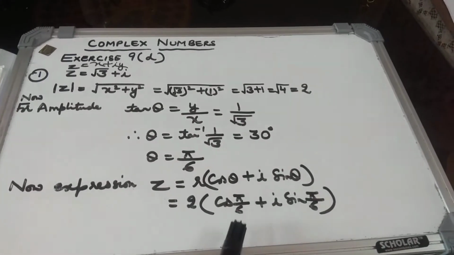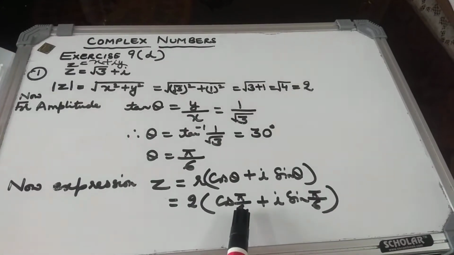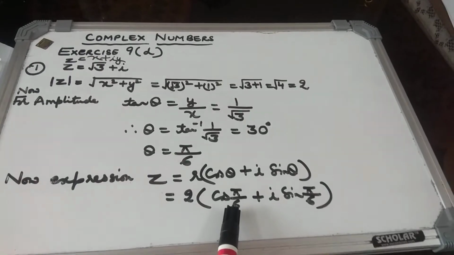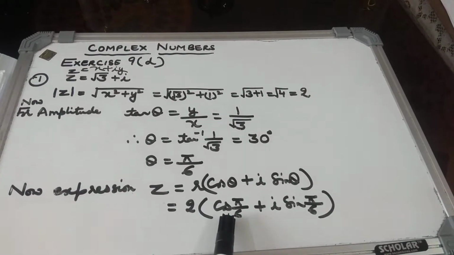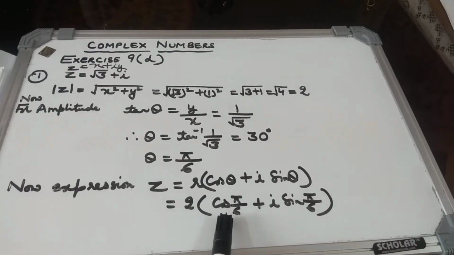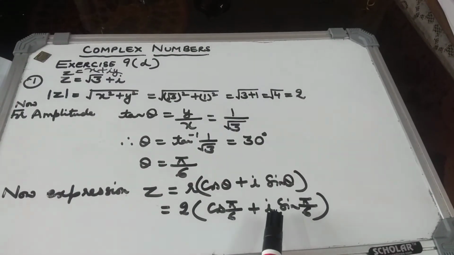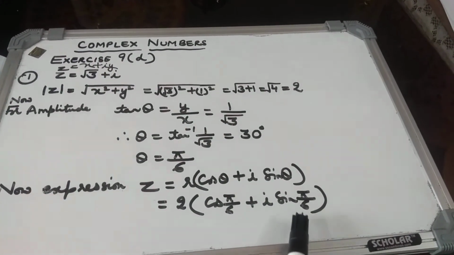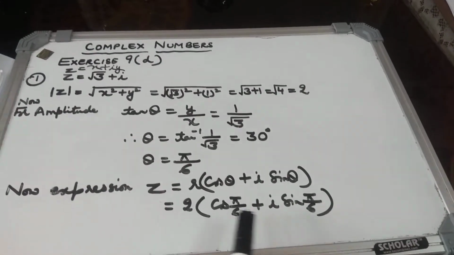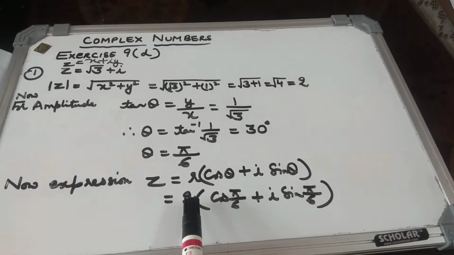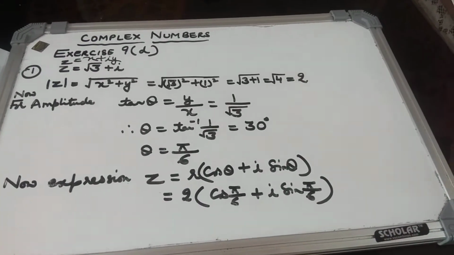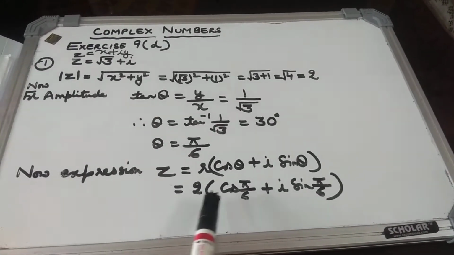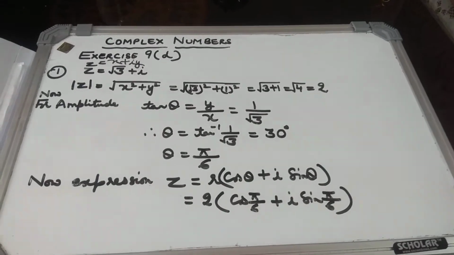That is, substitute the value of pi by 6 here. Cos pi by 6 means cos 30, and cos 30 is root 3 by 2, and sin 30 will be 1 by 2. So 2 and 2 gets cancelled here, and 2 will be cancelled here also. If you open the bracket, you will be left with root 3 plus i only.